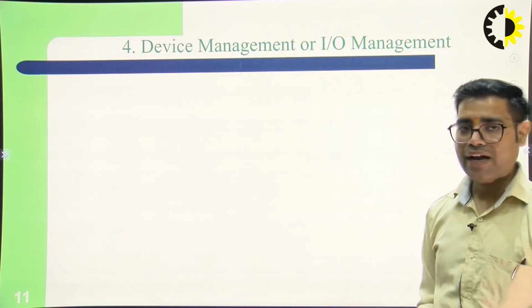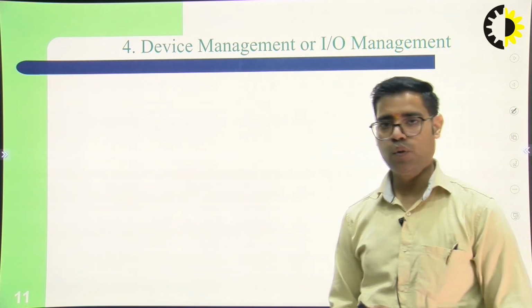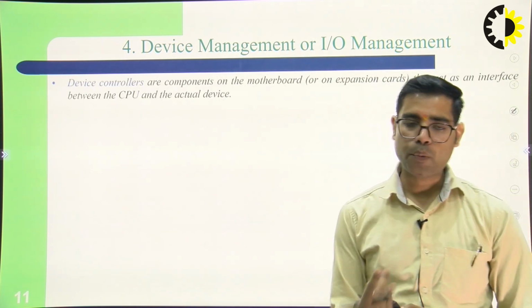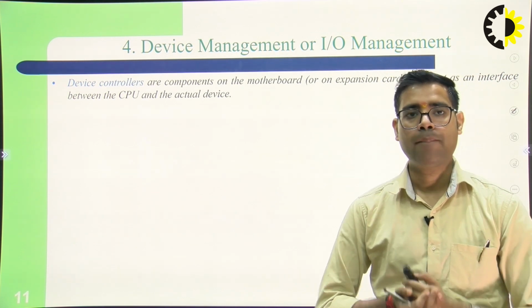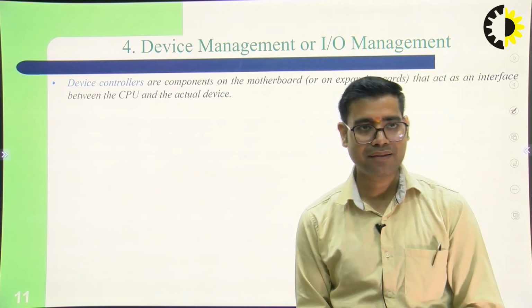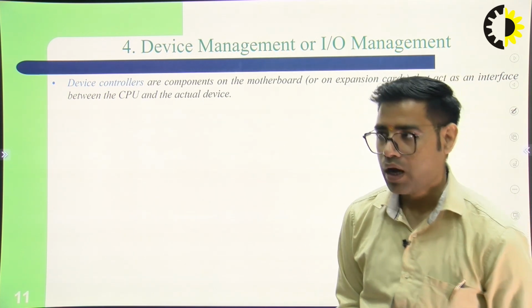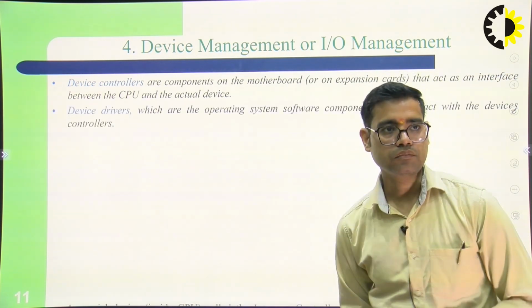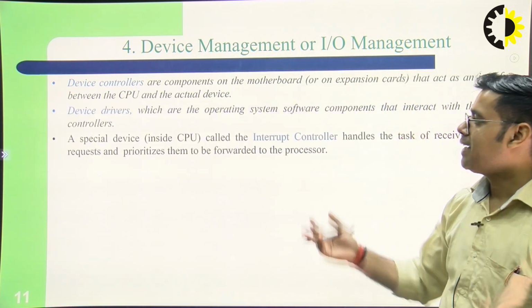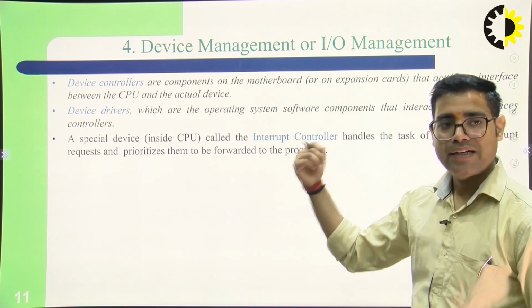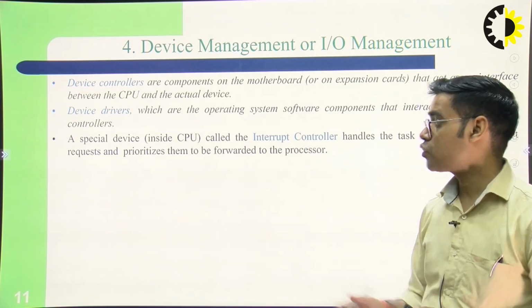Next one is the device management, or we can say the input output device management. So the operating system is responsible for managing these devices. For example, device controller and device driver, which are operating system software.